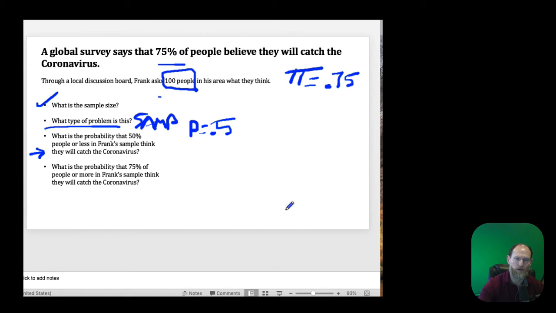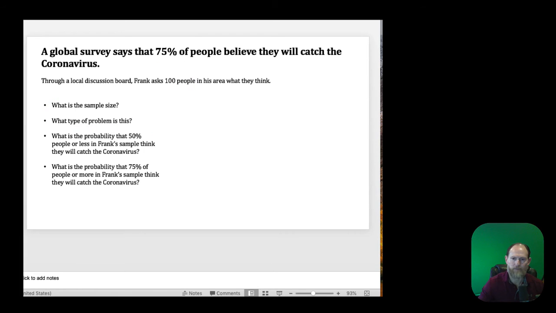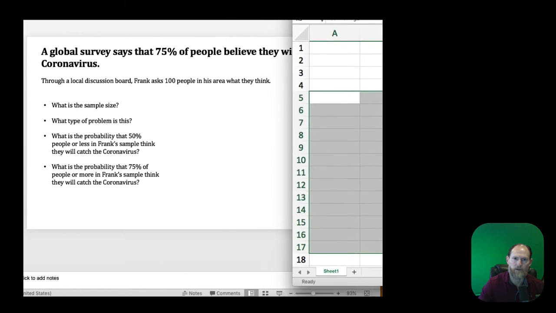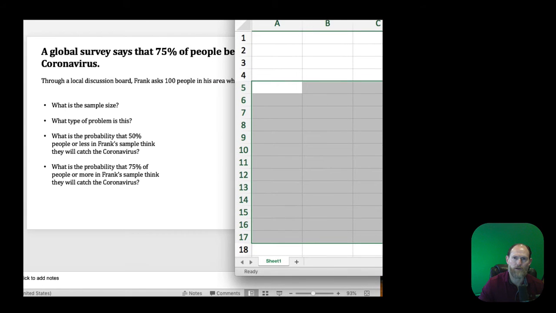And so what we want to do is see what the probability is of there being a value of 0.5 for P within the sample of N of 100, given that the population proportion is 0.75. So with that, I'm going to take this opportunity to show you some Excel, which is the point of this video in the first place.